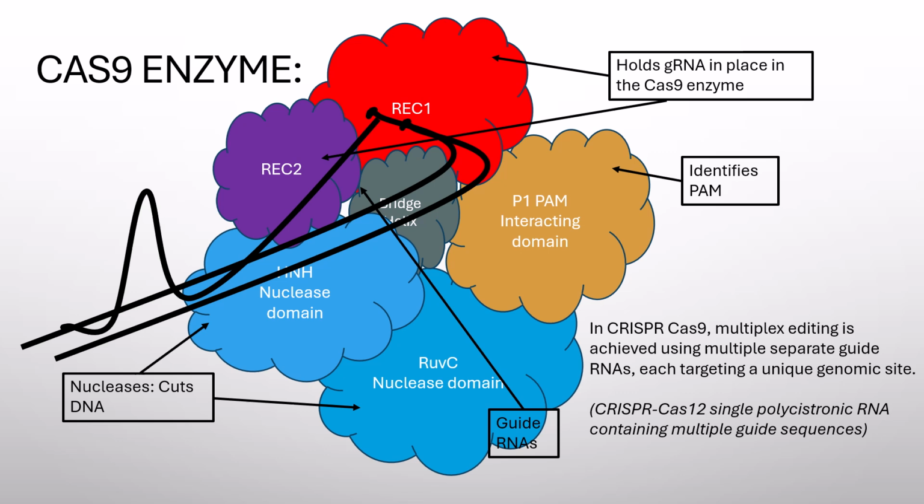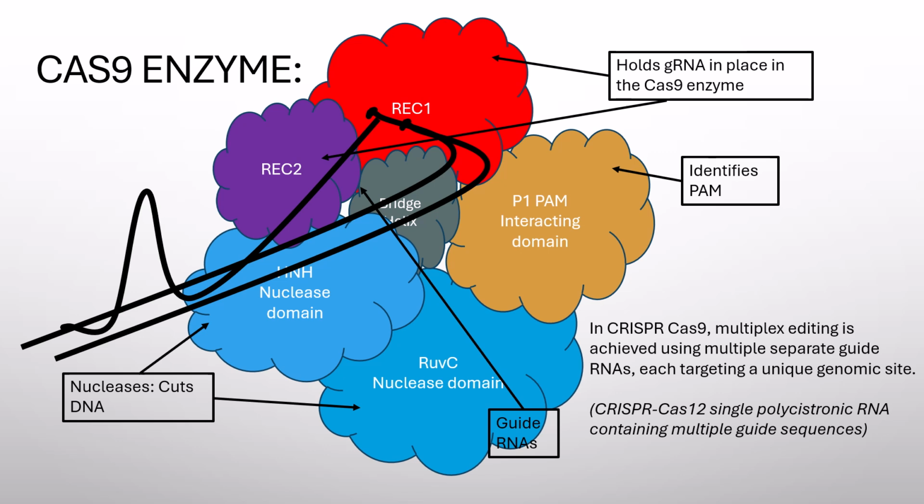So here is a cartoon representation of Cas9, the Cas9 enzyme, and it's showing multiple guide RNAs. The Cas9 system works on a one-to-one basis with a single guide RNA that has one spacer targeting one site on your DNA.